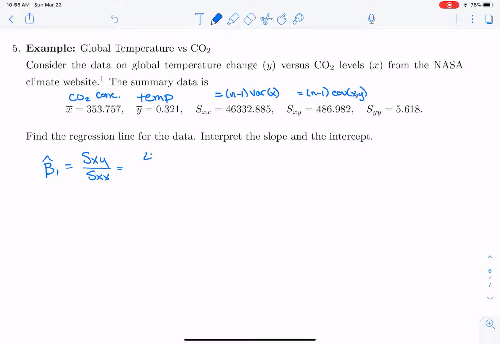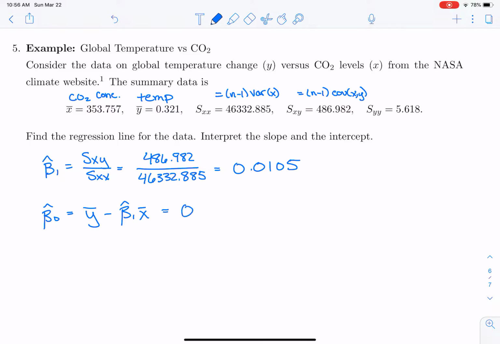That's going to be 486.982 divided by 46,332.885. That's going to equal 0.0105.